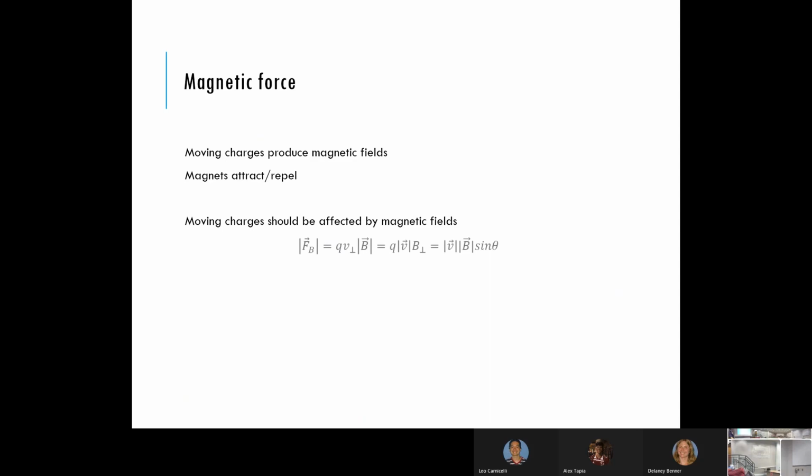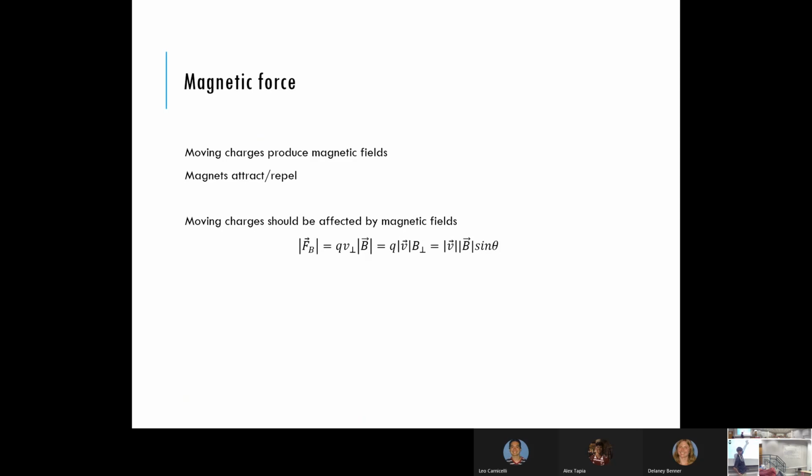The magnitude is given by, you've got several different ways of doing this, all of which should look familiar, right? You can say, I take the charge that's moving and multiply by the magnetic field strength. Of course, right here I have perpendicular. I need to take the component of the charge's velocity that is perpendicular to the magnetic field.